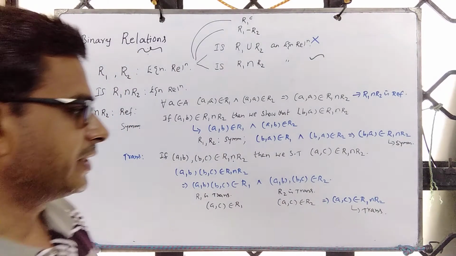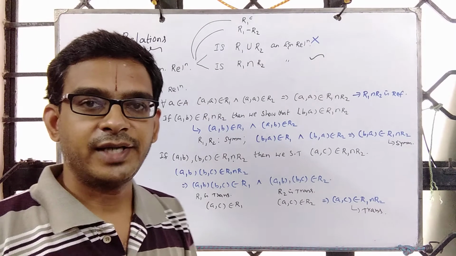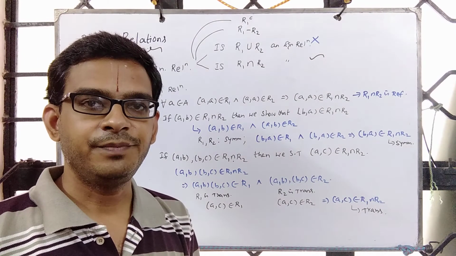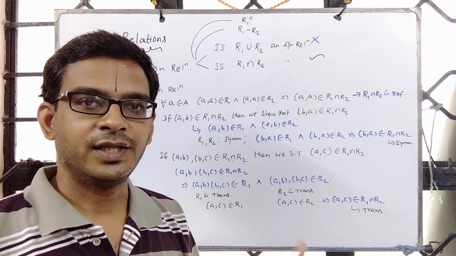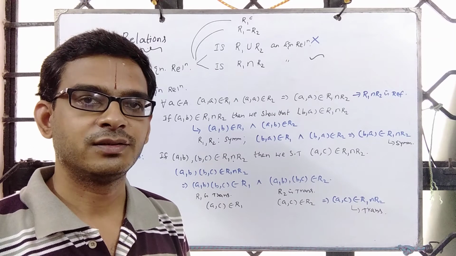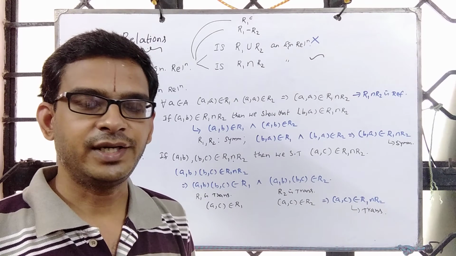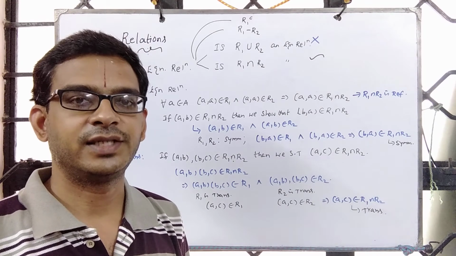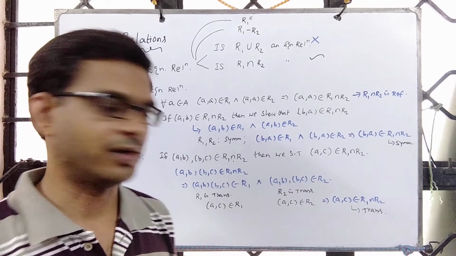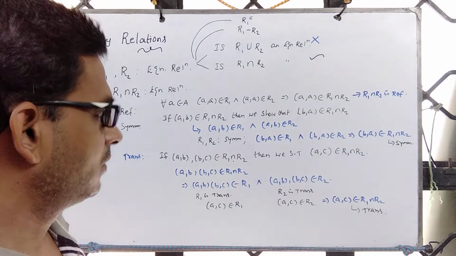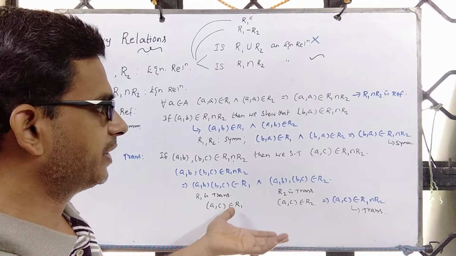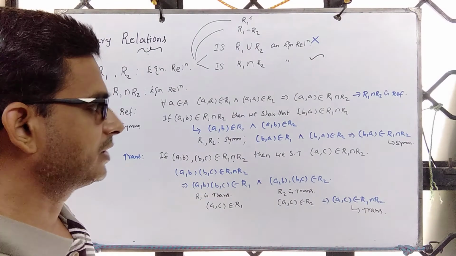Now this is interesting. You define a set with some property and then you bring in a set theoretic operation. You create a new set. You ask, does that set satisfy so-and-so property or not? On similar lines we have experimented with equivalence relations.